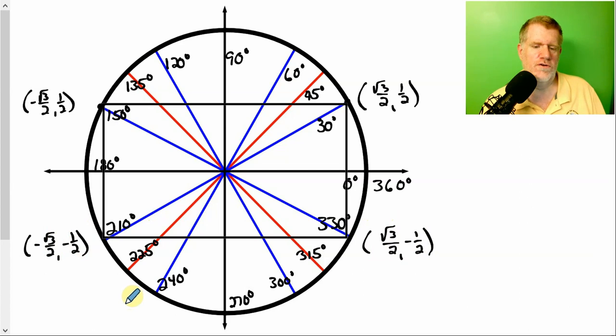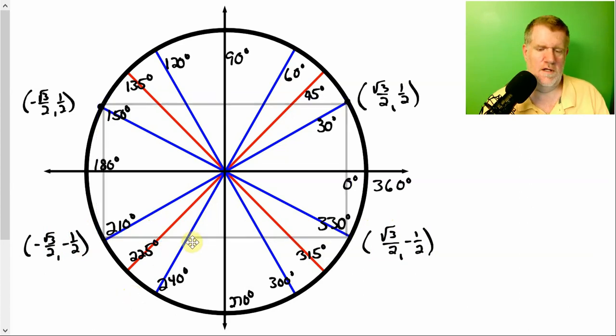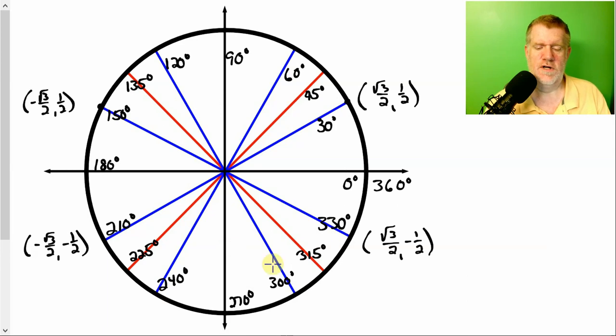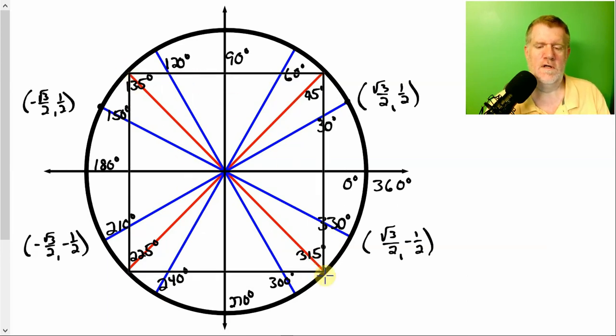We figured out those four from that rectangle. Now let's use a different rectangle. Let's use a rectangle for the 45s. Notice that's a square even. All right, we know this point here, the square root of 2 over 2, square root of 2 over 2. What is it over here?